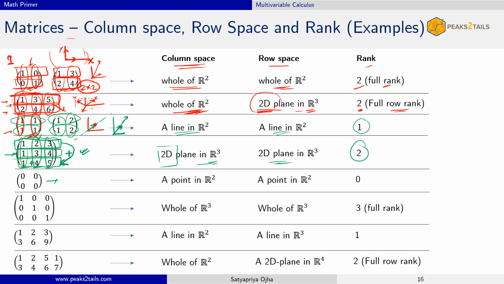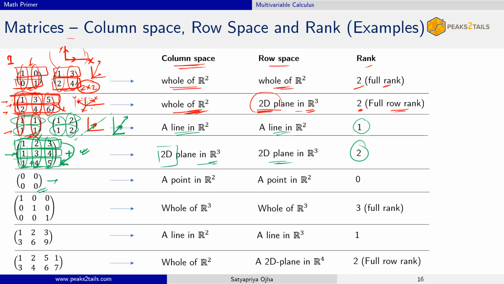Okay, let's move on. Next matrix. What is the span of this matrix? It's a zero vector everywhere. I mean, row wise, column wise, there are just two zero vectors. With zero vectors, can you go anywhere? You're stuck at the origin forever. No matter how much you scale, you cannot scale a zero vector, it'll still be zero.